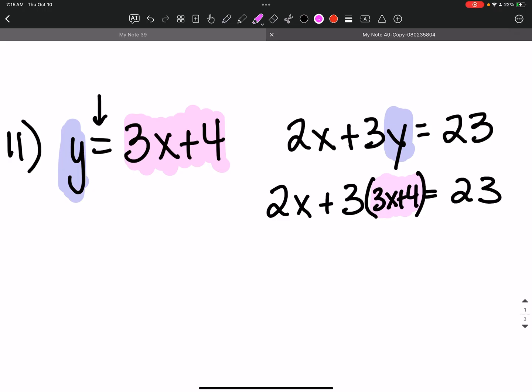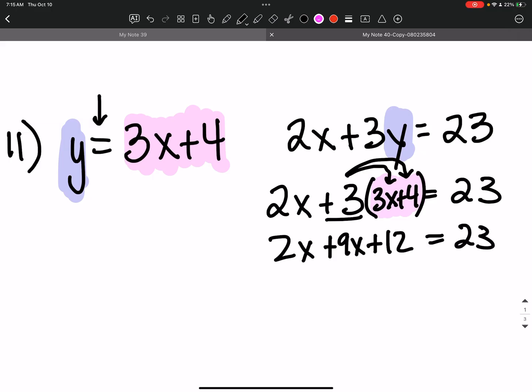So all I did was rewrite the same sentence, and I took out the word hi and wrote the word hello. I didn't change the meaning of the sentence. So here we go. Positive 3 times 3x is positive 9x. Positive 3 times positive 4 is positive 12. I've got these two x's over here. I've got equals 23. All right, now I've got too much of my laundry.